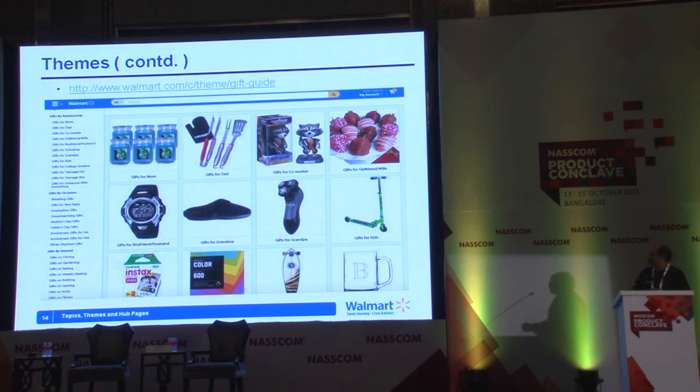Some of these could surface through taxonomies, but not necessarily all of them. My favorite one is on the left side, white elephant gifts. If you go to a white elephant party, you typically want to take a gift there, and hey, what are some ideas for me to take?